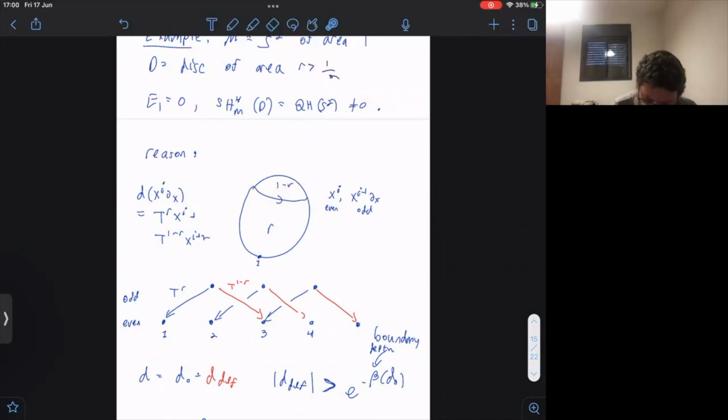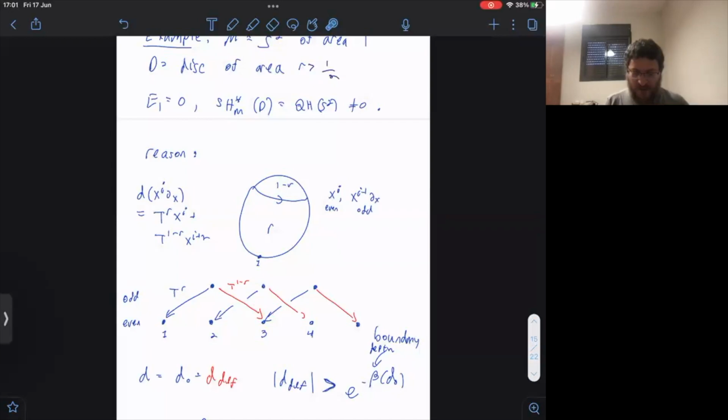I guess I should have numbered them 0, 1, 2, 3, but let's ignore that. Each critical point gives you just one generator, while a Reeb orbit is an S1 family. So it gives you 2 generators, one in odd degree, and one in even degree.